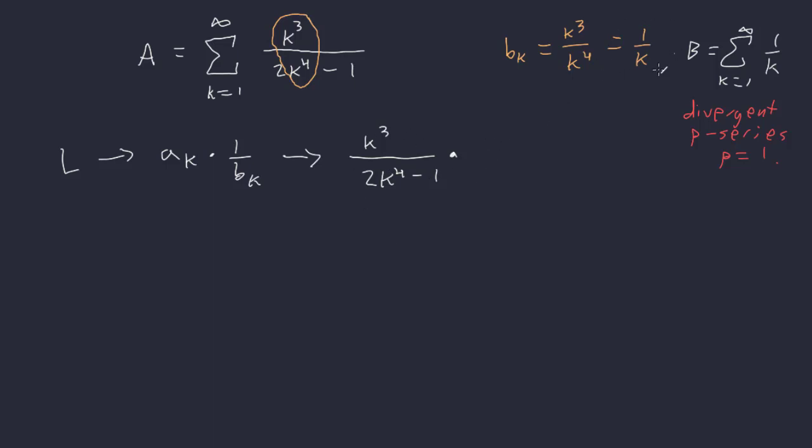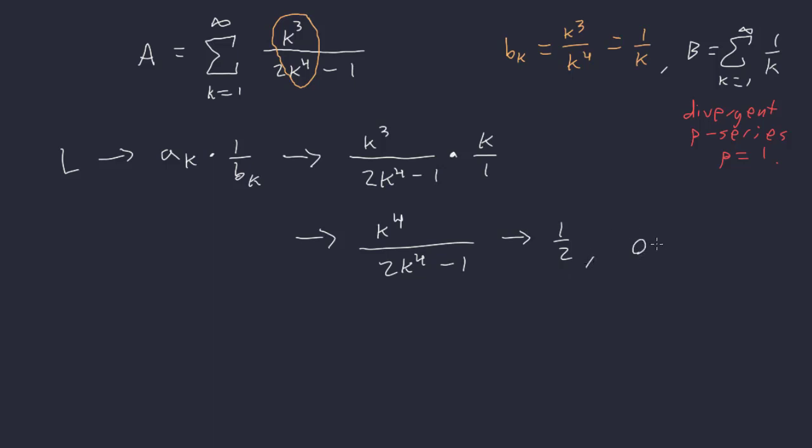And then I'm going to flip bk over, so that'll be k over 1. So you get k to the 4th over 2k to the 4th minus 1. And now we have matching exponents, so this comes out to be 1/2, which is a finite positive number.